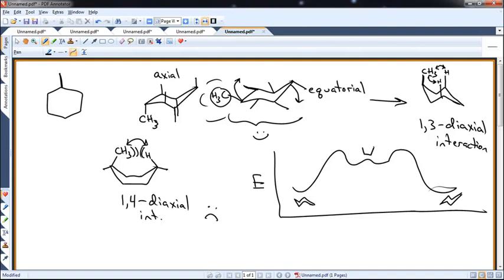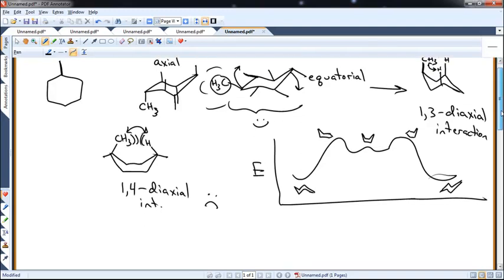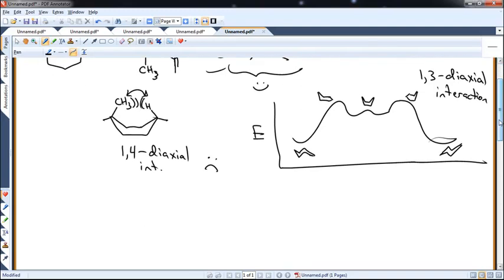In the middle, we have our boat, and then up here at the highest energy, we have this weird kind of half boat looking structure. It's like bent in between, right? As you're going from the chair to the boat, you have to go through this higher energy molecule, where the bond angles are not optimal for an sp3 hybridized carbon, right? They're not 109.5, and so that strains the molecule a little bit.